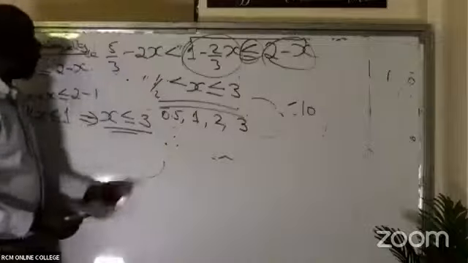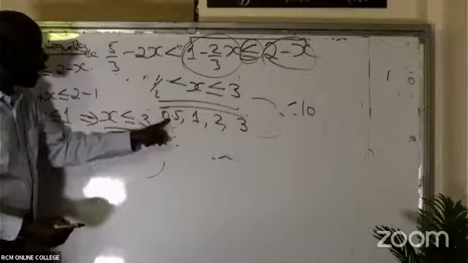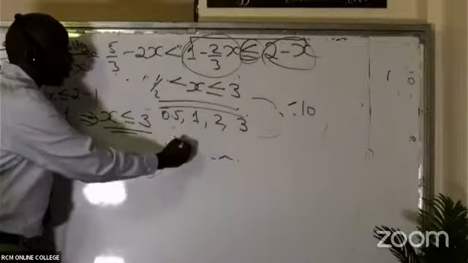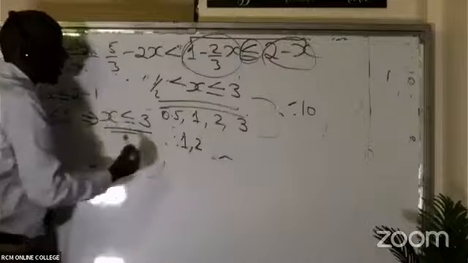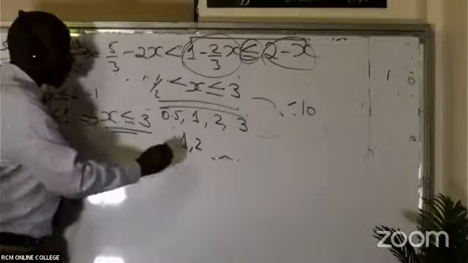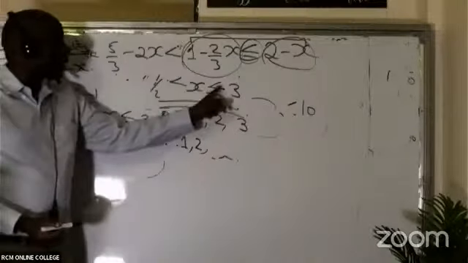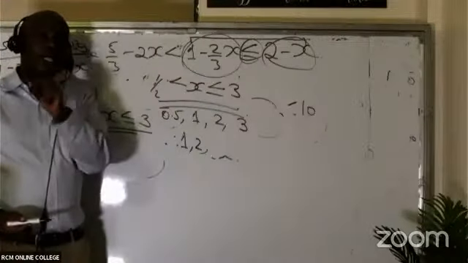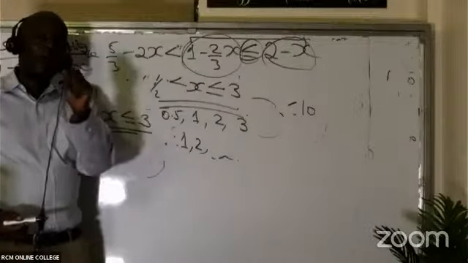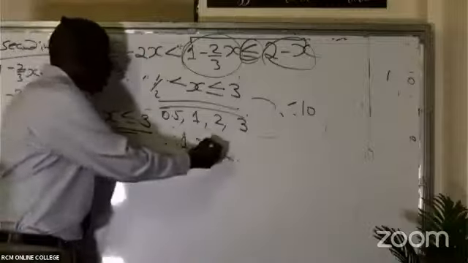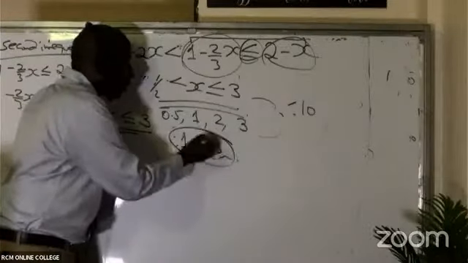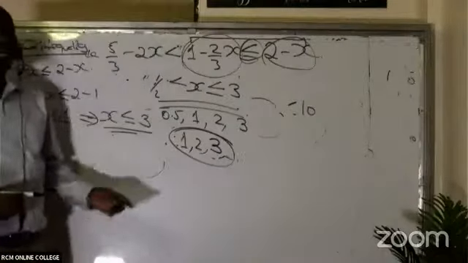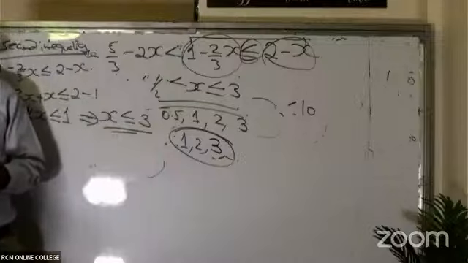Therefore, the integers will be greater than 0.5. I start from here, so it will be 1, 2 is well within there. And they never said less than 3. They've said less or equal to 3. So in this case 3 becomes part and parcel. And that is the final answer.